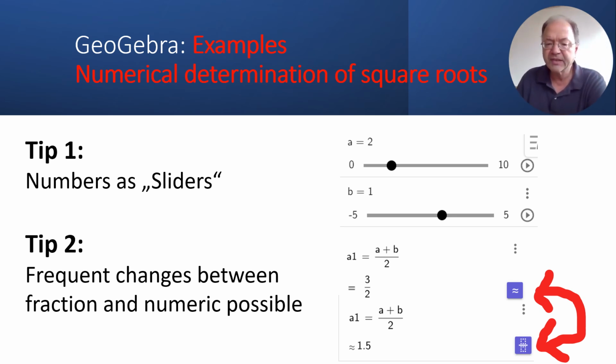Then I can use this blue button here, or I need the value as fractions to compare if the algorithm works correctly. I can do the calculation in fractions and compare. Either one of them, you can just change this blue button, and it will toggle between fractions and numeric values.